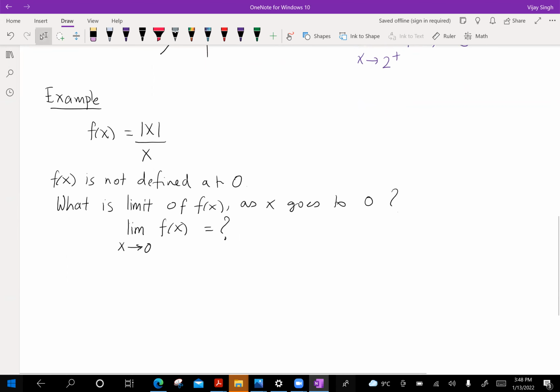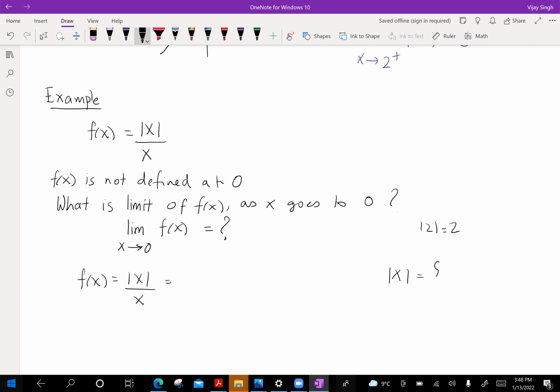Let's try to understand first f of x. So I have f of x equal to absolute value of x over x. Now, let's see how this looks. So you know the property of absolute value, right? How do you get rid of this absolute value? You know that absolute value of 2 is 2. Absolute value of 3 is 3.